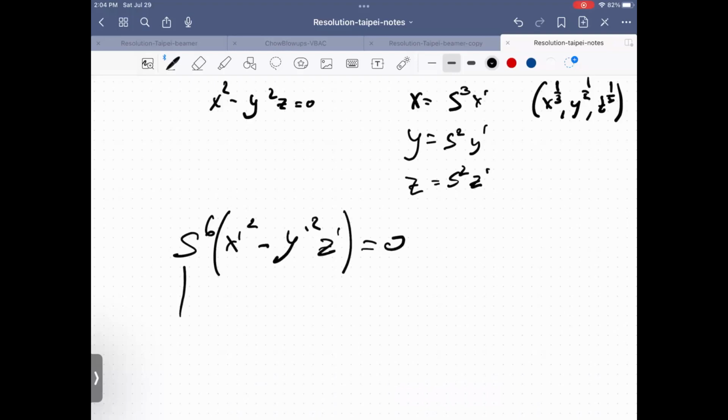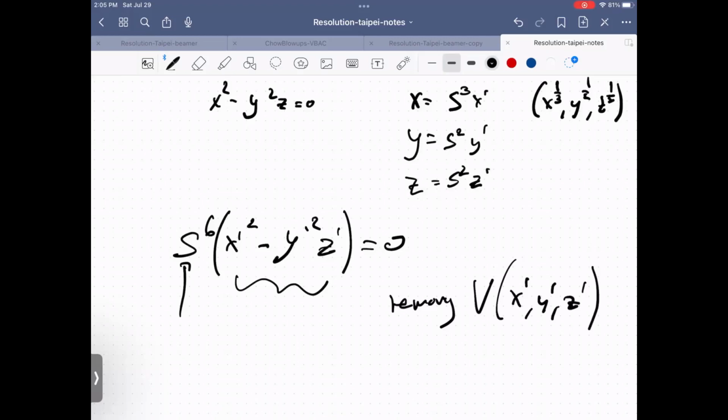Okay, so again, this is exceptional. And this is the transform equation. And I claim that something got better. It looks the same, but don't forget, I'm removing the vanishing locus of x prime, y prime, z prime.